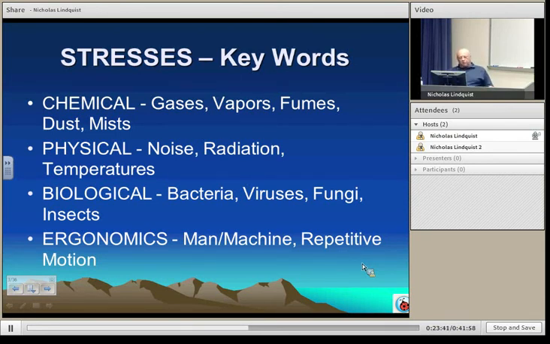The other key words in the definition that you'll need to discuss are anticipation, recognition, evaluation, and control. Anticipation is basically to predict a problem. About 20 years ago, they added this word to the definition.